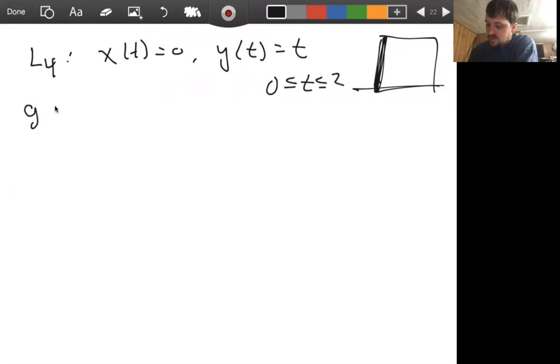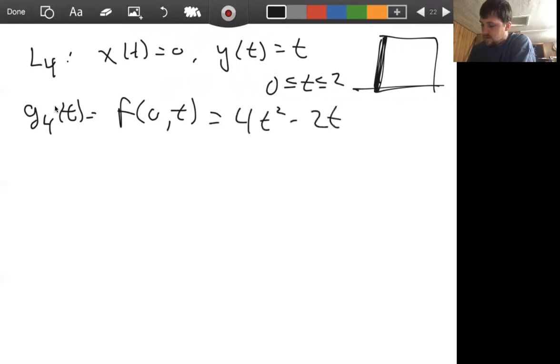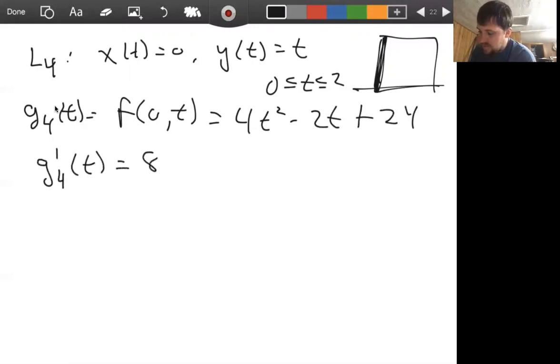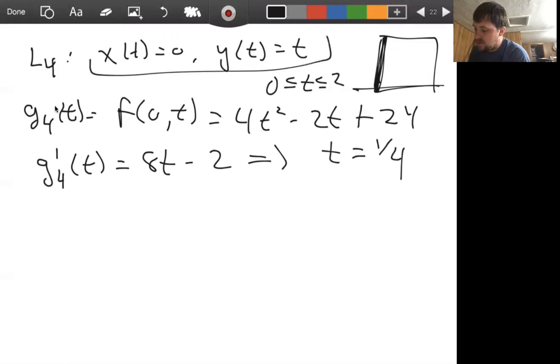And so g4 of t is f of (0, t), and you may calculate that you get 4t squared minus 2t plus 24. The derivative comes out to be 8t minus 2, which gives me a t value of 1/4. Coming back to the parameterization, that tells me I have a possible critical point at (0, 1/4).